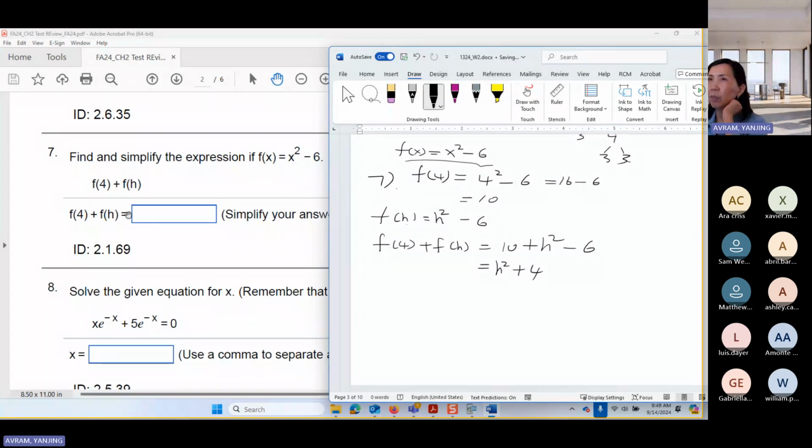Okay, this PDF won't let me write, but the whole thing will be just h squared plus 4. All right. So basically, you just replace the x by whatever value is inside the parentheses, and then calculate, and then combine the like terms. Any questions?